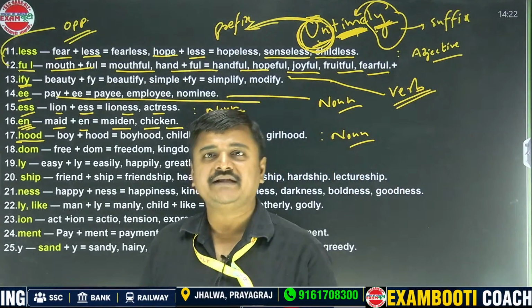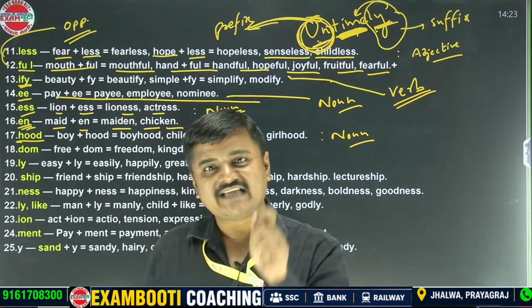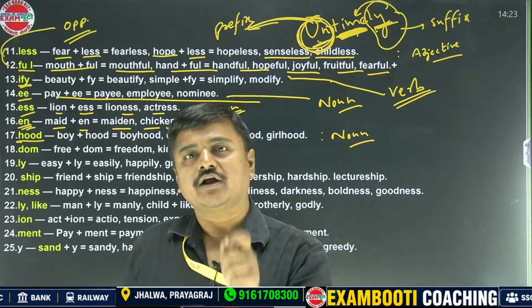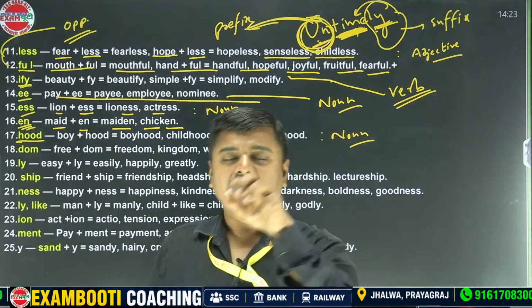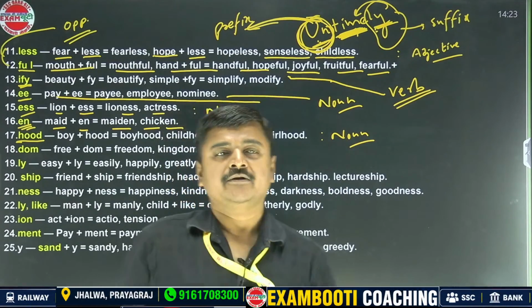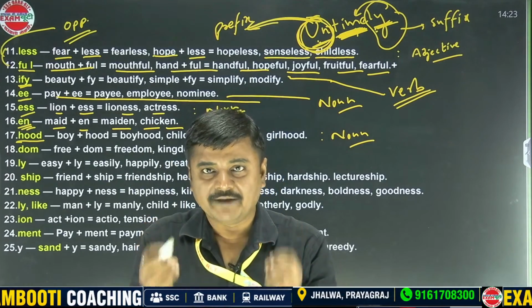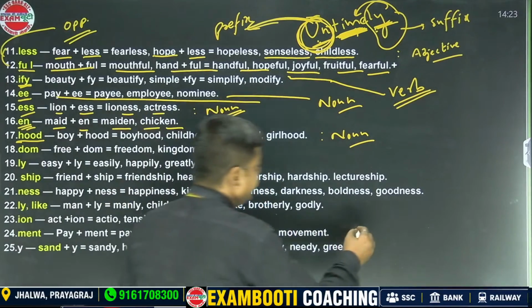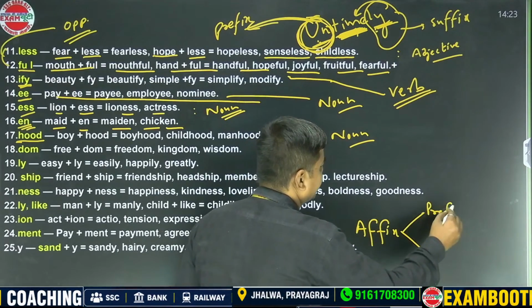A suffix is the element that is added to the end of a word. A prefix is the element that is added in the beginning of a particular word or a root word or an original word. And we know both prefix and suffix as affix.